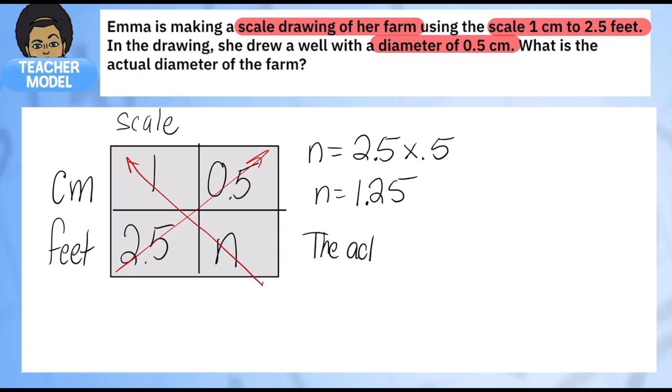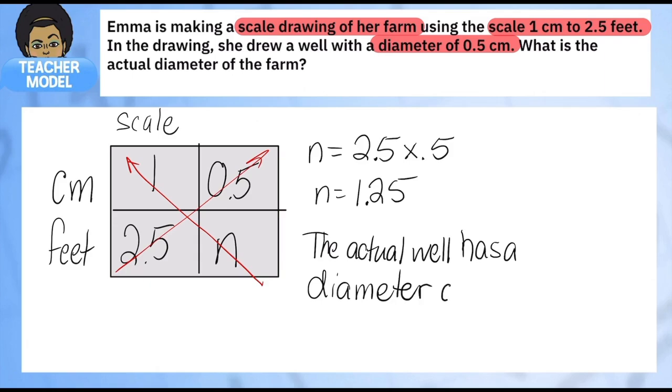The actual well has a diameter of 1 25/100 feet. So you can stop there and hit pause and jot this down into your notes.